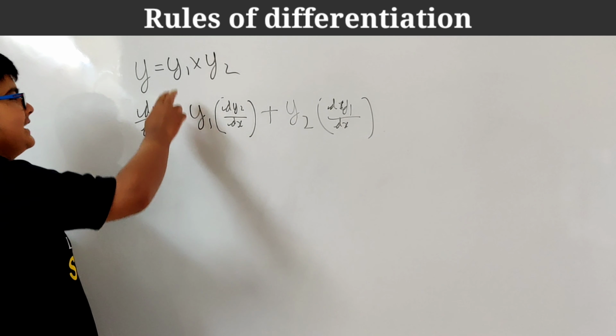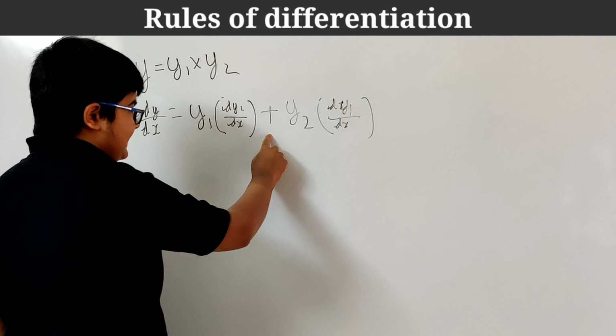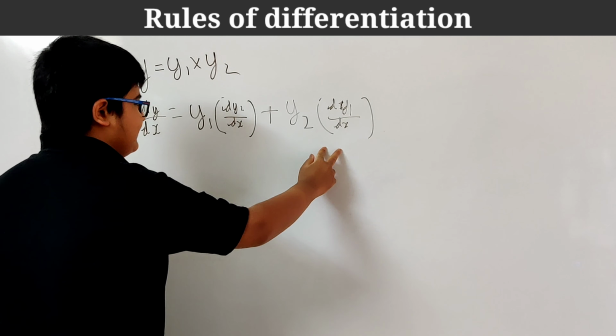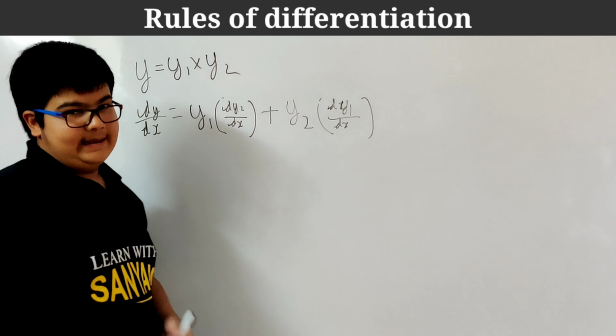So basically, first take the first, differentiate the second, multiply both, put a plus sign, take the second, differentiate the first and multiply them both. Now let's understand this with the help of an example.